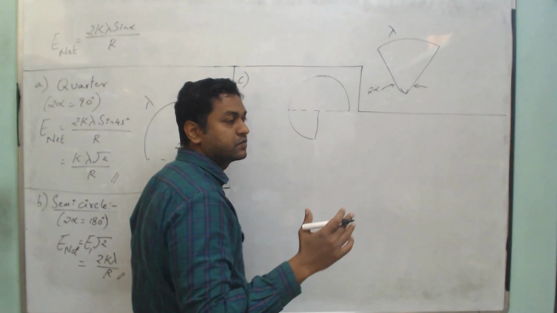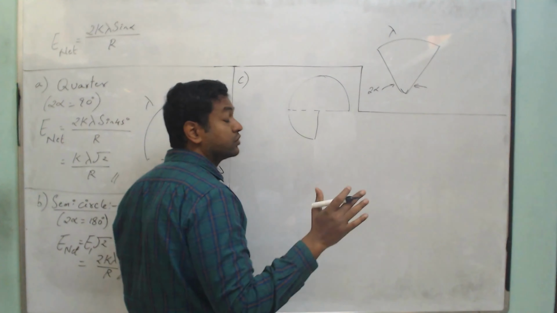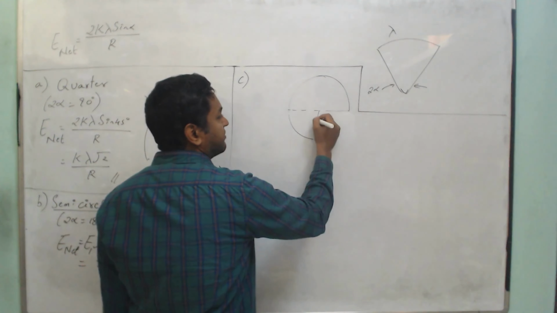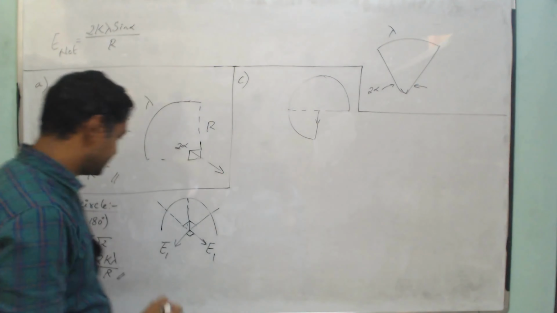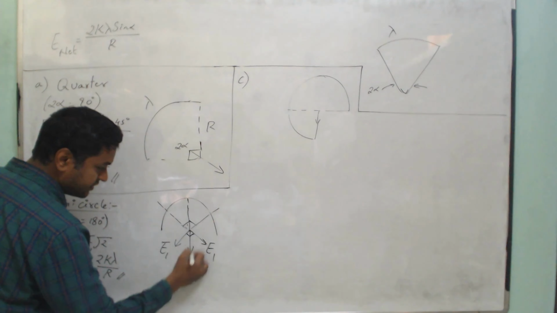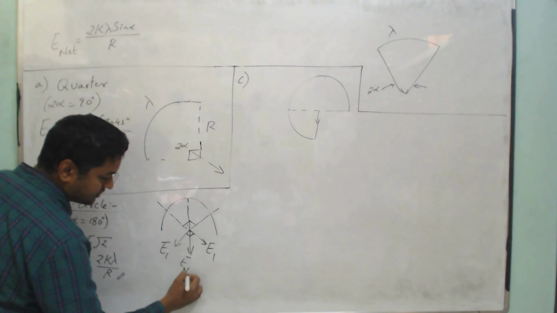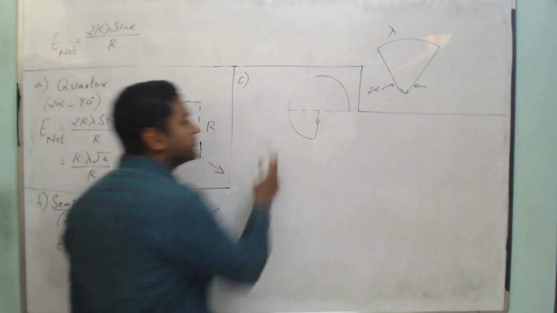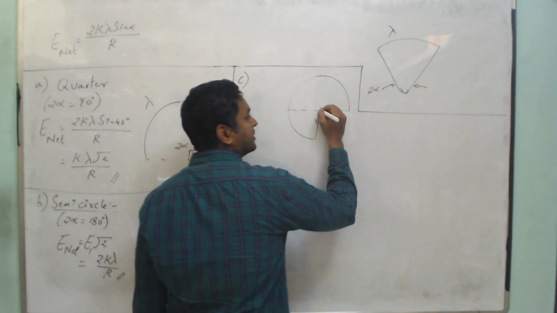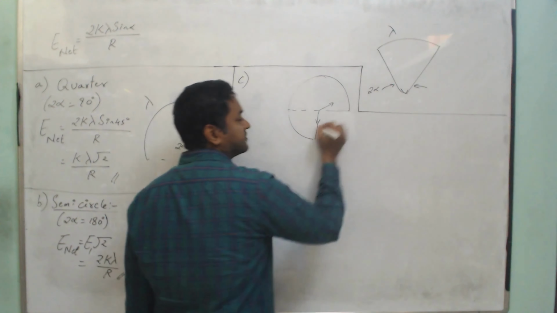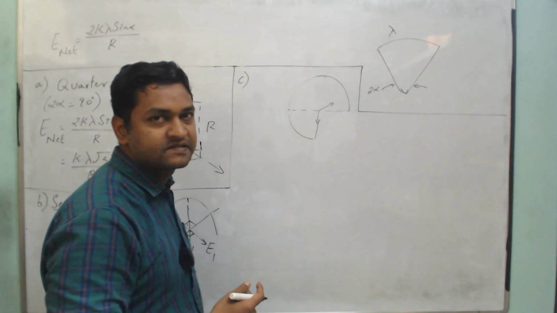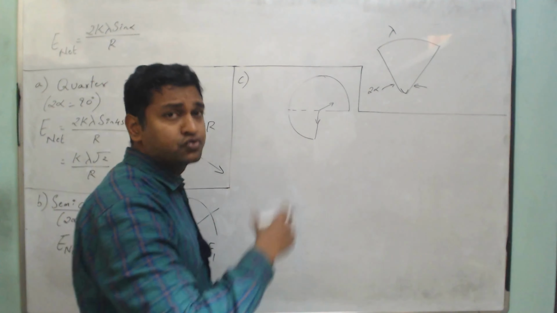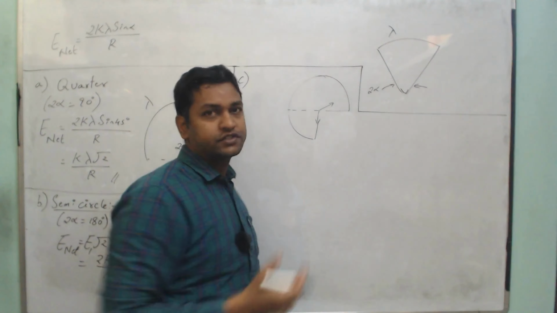But if you look at the geometrical aspect of it, the semicircle will have a resultant along this direction, correct? This remaining quarter of a circle will have its resultant along this direction, which is at 135 degrees with the other. For two vectors at an angle of 135 degrees, I have to do square root of a square plus b square plus 2ab cos theta.